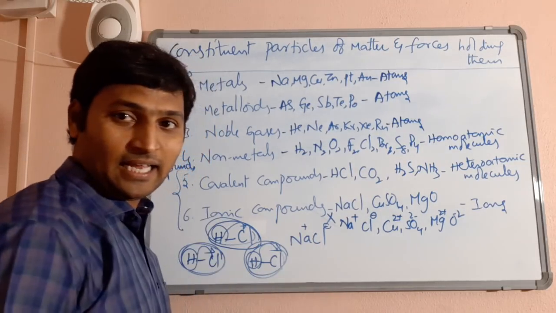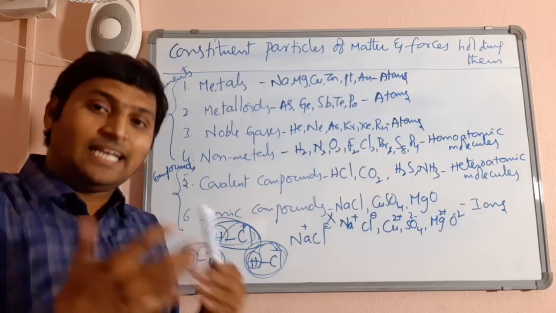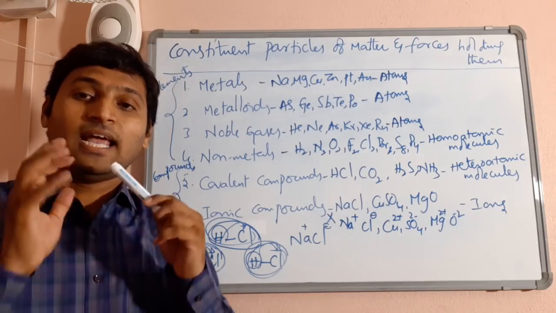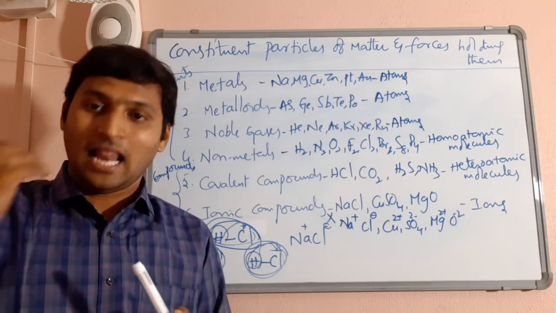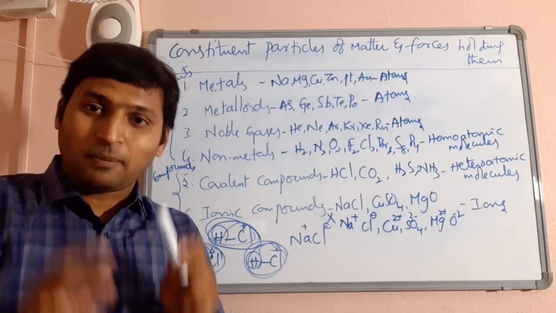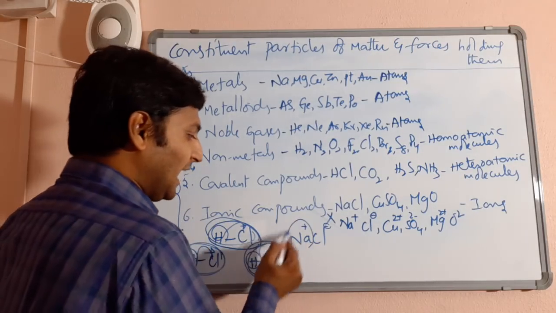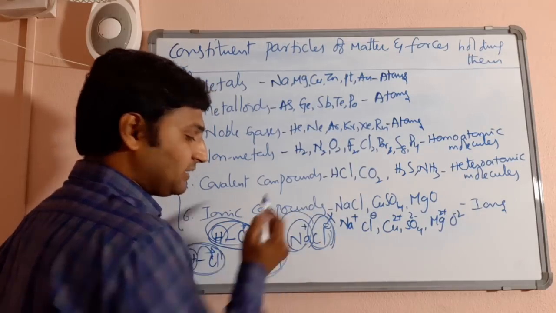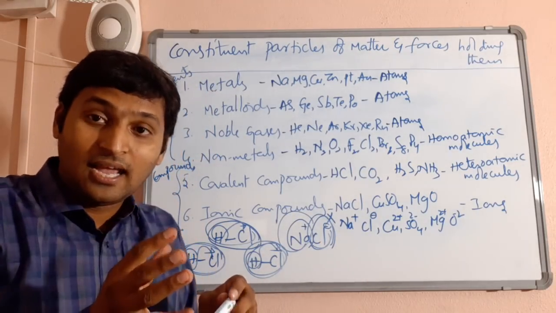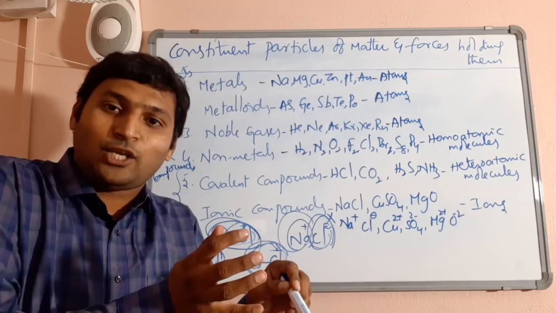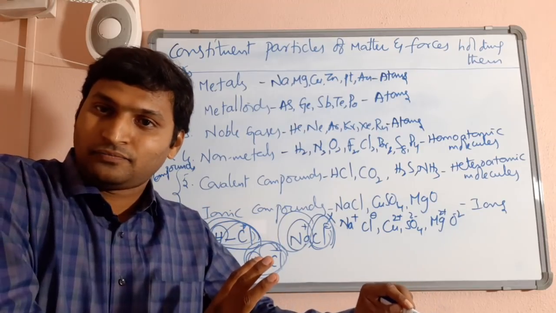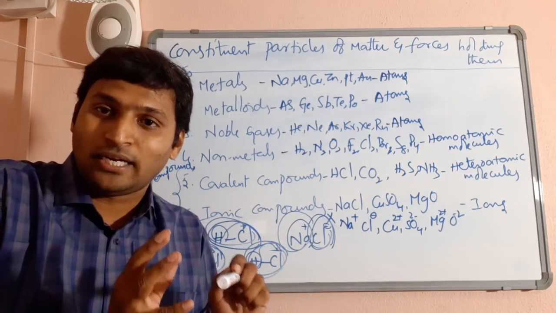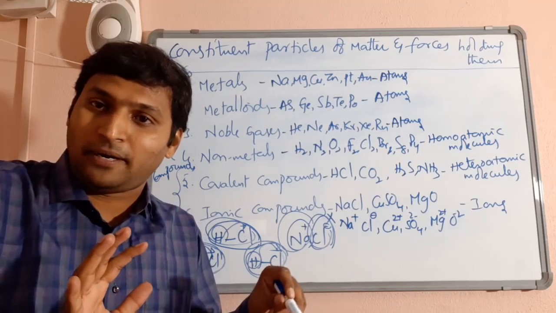Whereas, if you take an ionic compound, in detail you will learn their crystal structures later in the first chapter called solid state. However, please understand, each cation is surrounded by a fixed number of anions. Each anion is surrounded by a fixed number of cations such that any sodium chloride unit is not absolutely independent.